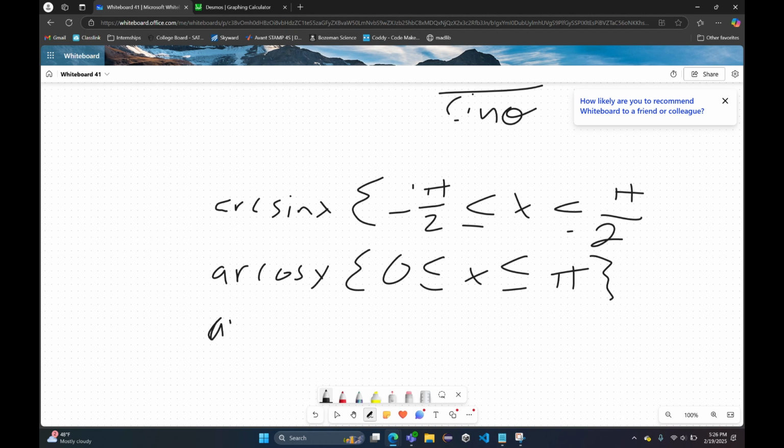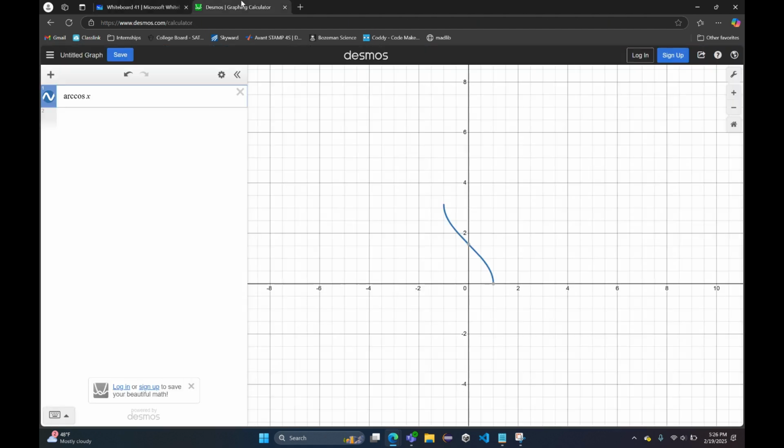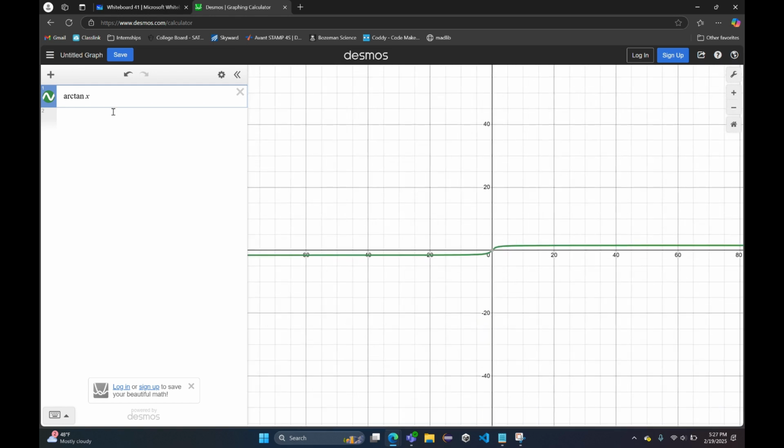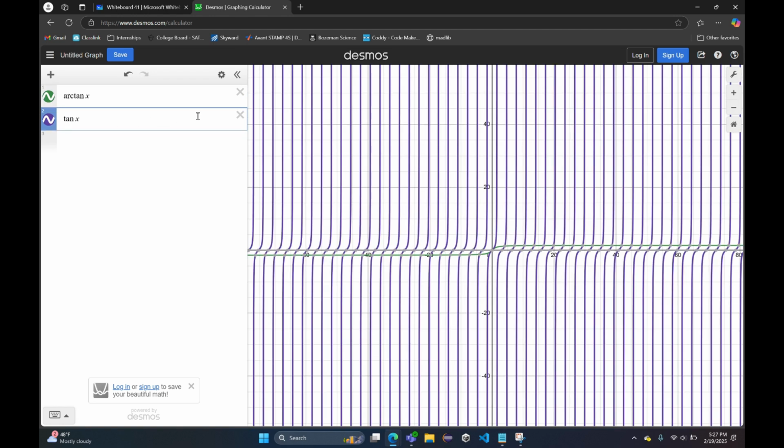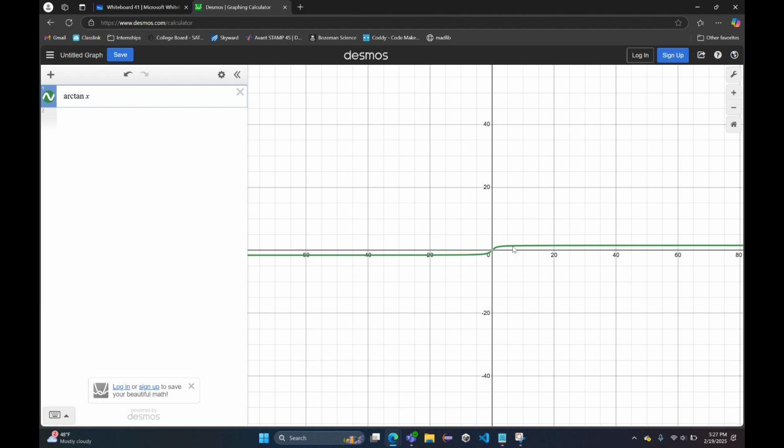And finally, we have our arc tan of x. And that's going to be from, let's graph it, arc tan x. So we have an asymptote here, because you remember the tan function looks kind of crazy. We have an asymptote here as we flip this over.